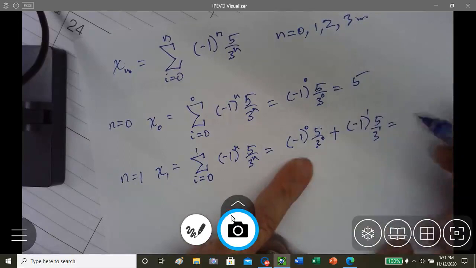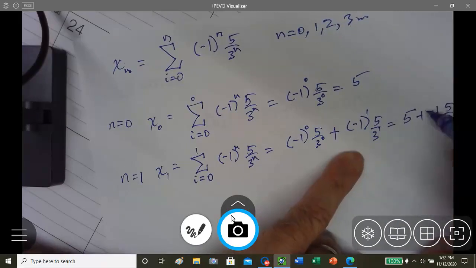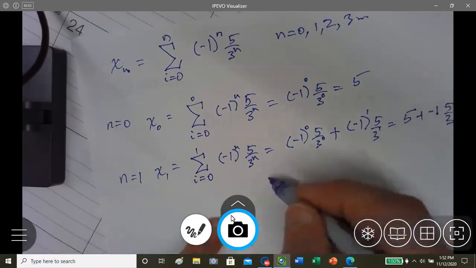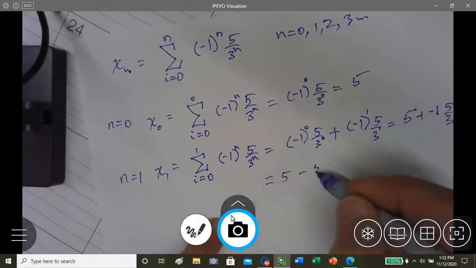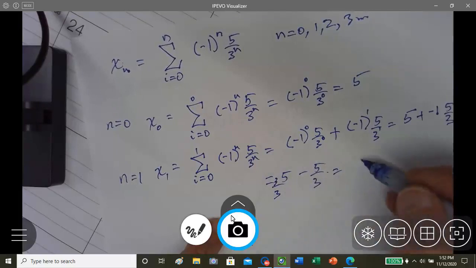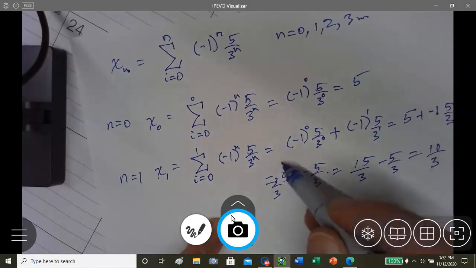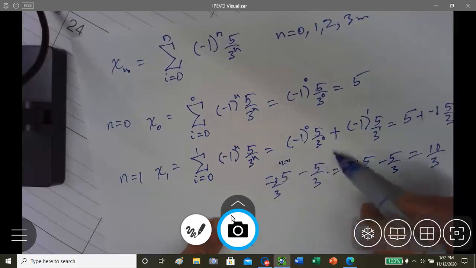So we already know this is 5, and so this will be plus a negative 1 times 5 over 3, so that'll be a minus. So this is 5 minus 5 over 3, so we need a common denominator, so we use 3 over 3, and we get 15 over 3 minus 5 over 3, and we get 10 over 3. So this is n equals 0 and n equals 1.